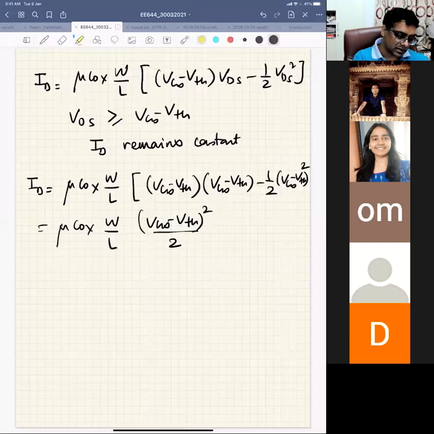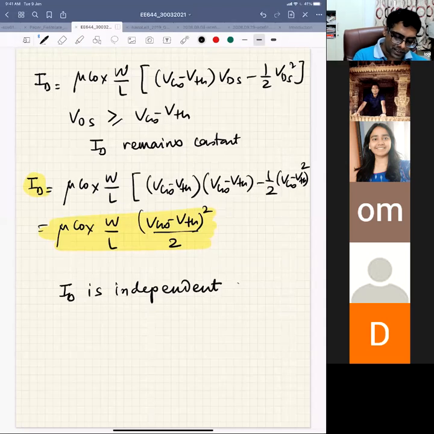In the saturation region of operation, your drain current equation will become this equation. This is the first order equation: mu Cox W by L, VGS minus VTH square by 2. But here you see your ID is independent of VDS.